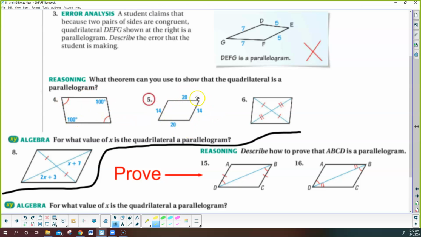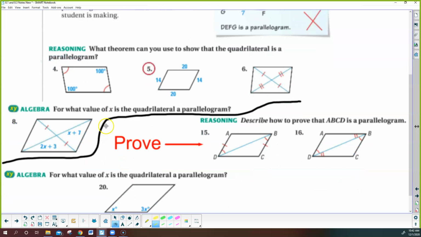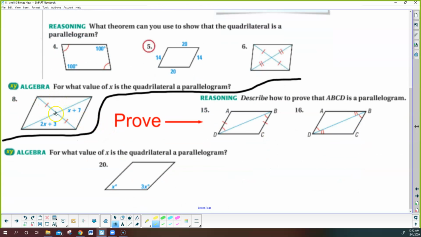What property is present here? What property is present here? You're just basically saying of those 5 items, which one is true. For number 8, you're going to use one of the properties to find the value of x that makes this a parallelogram. So you're doing the same thing you do in 4, 5, and 6, but then you're saying, because this is true, I can do this type of algebra problem to find x.